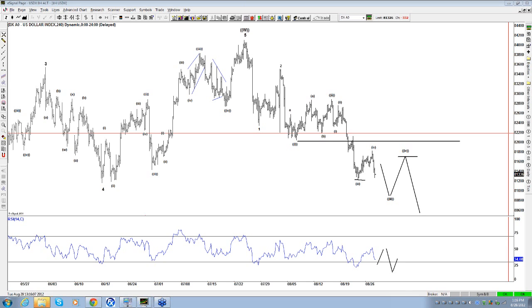It's because of the Fibonacci relationship. You see what I mean? The Fibonacci relationship, honestly, guys, looks better in an impulse.